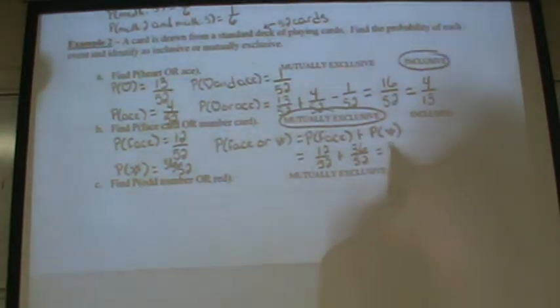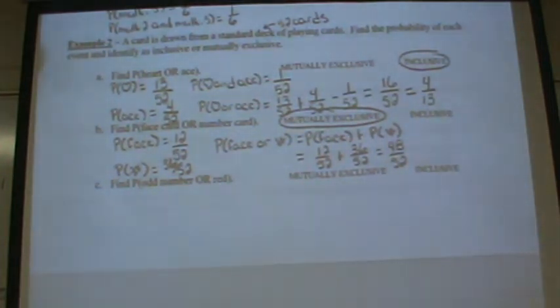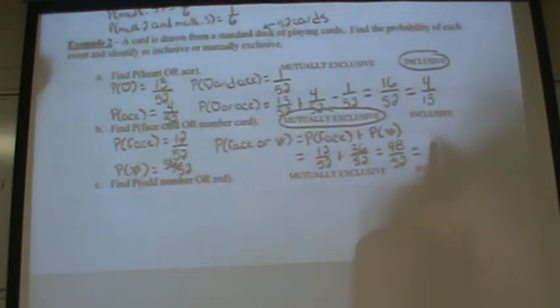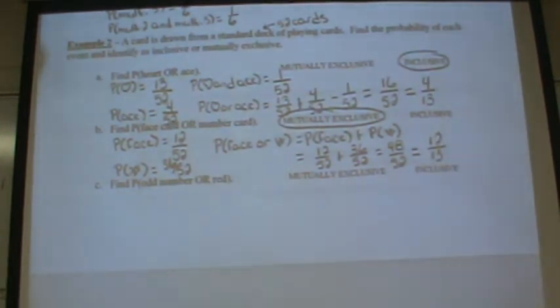So we get 48 out of 52. And again, we can reduce this fraction, and you'll get 12 out of 13. So you have a 12 out of 13 chance of drawing either a face card or drawing a number card.